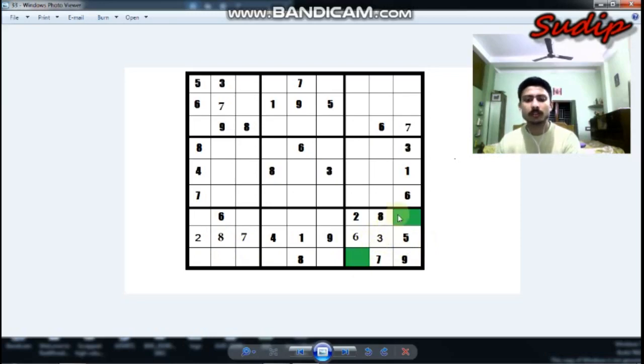Now this square will contain a 1, and here is a 1, so the 1 will be there. Now this position will contain a 4, sorry, this position will contain an 8, and there is an 8 and there is an 8, so this position will be 8.